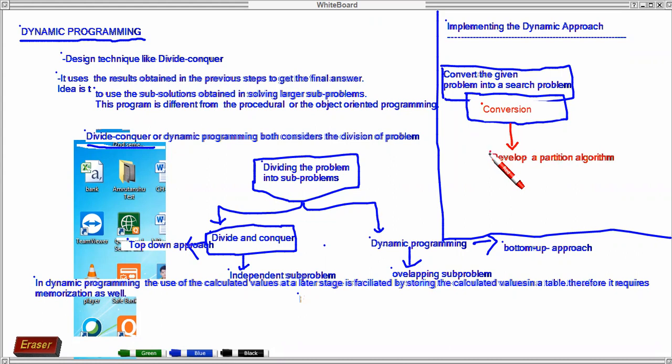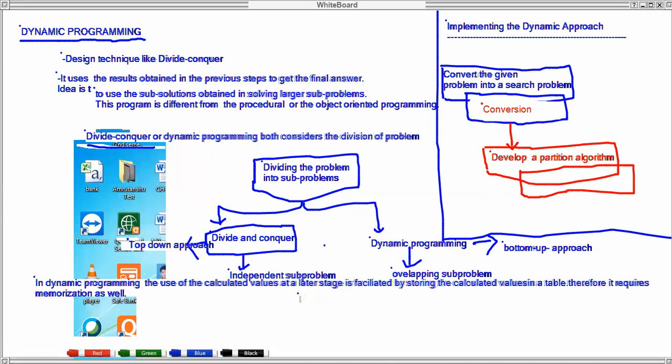That means here we are dividing the problem, and in developing a partition algorithm, we divide the problem into subspaces.